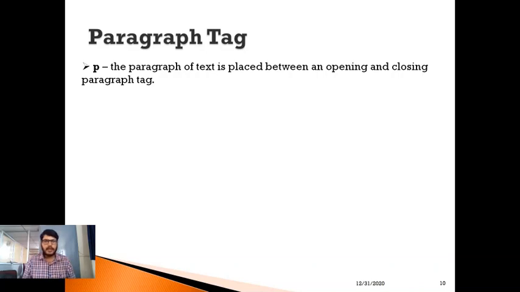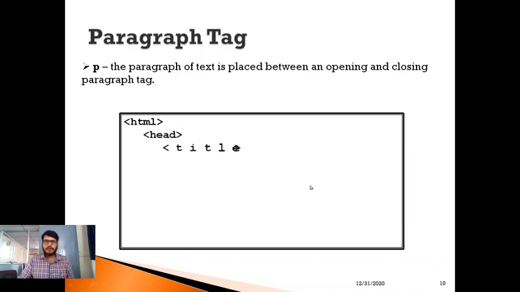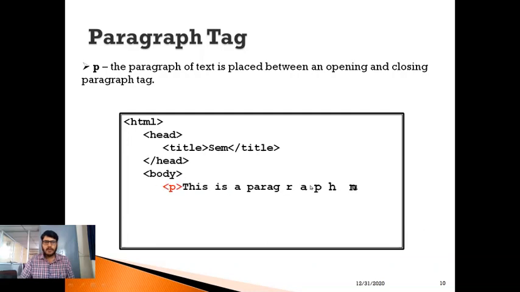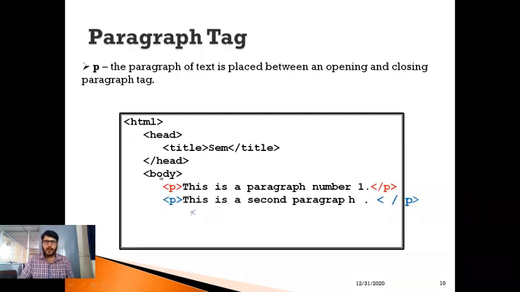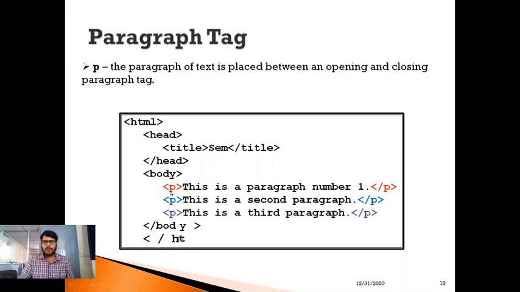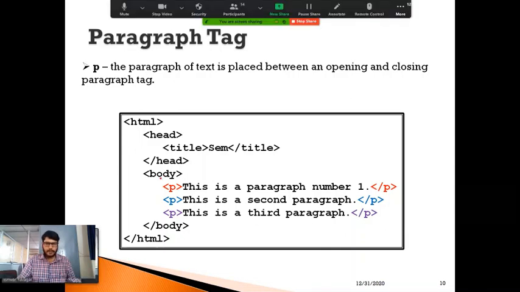within the HTML document. So now let us see a sample code. You can observe here in the body part, I'm going to include 3 paragraph tags. This is the first paragraph tag, and this will close here itself.